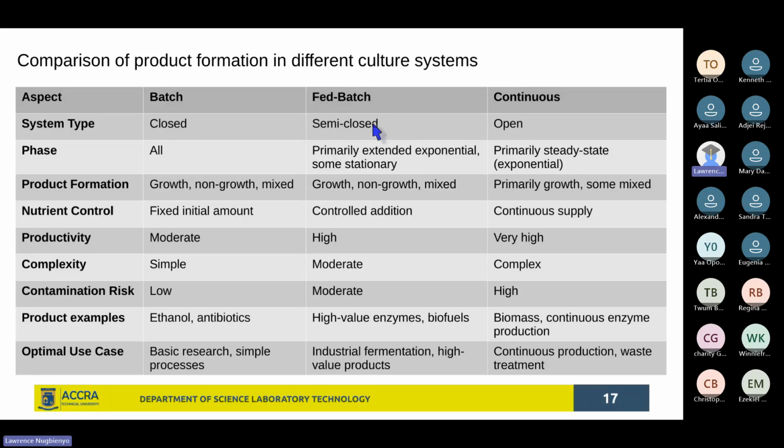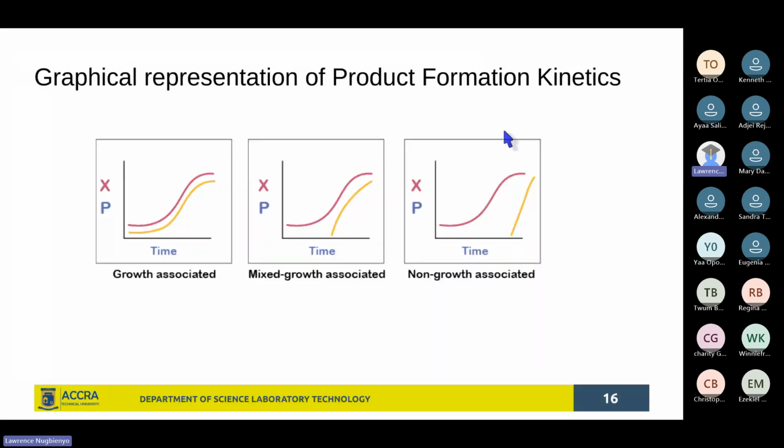The fed batch system we saw is semi-closed because it is only at some specific intervals that you feed in the medium, and then the process runs to the end till harvest time. In the continuous system, you have the flow of the medium consistently throughout the process. So it's an open system.